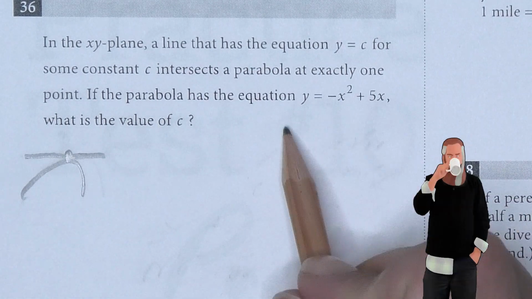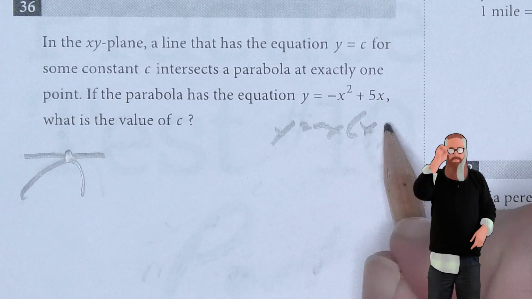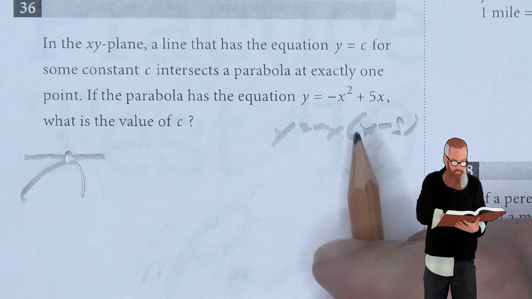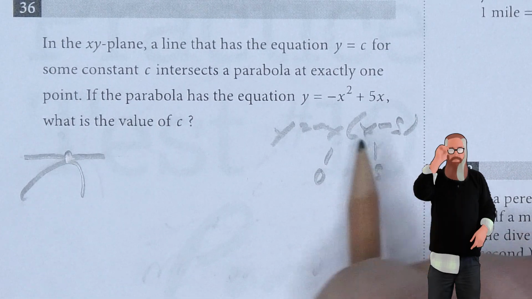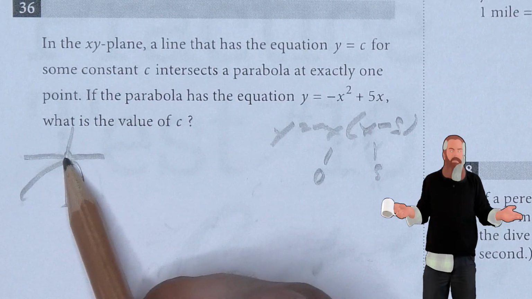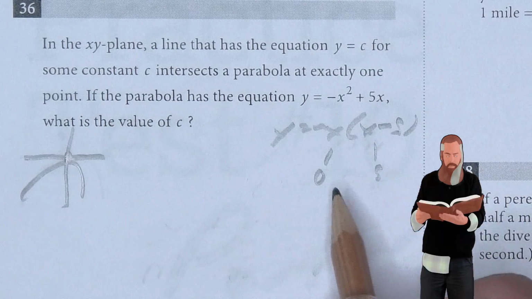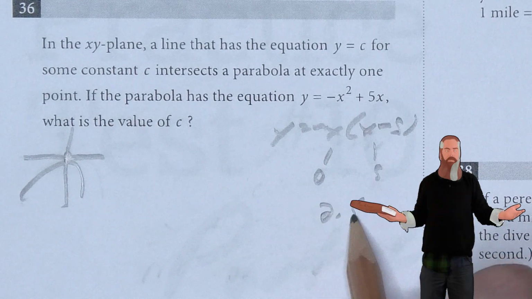So looking at this, I would wind up with y is negative x times x minus 5. This means there's 2 points. One is 0 and one is 5. The middle is the axis of symmetry, which is where the maximum would occur. And the middle of 0 and 5 is 2.5.